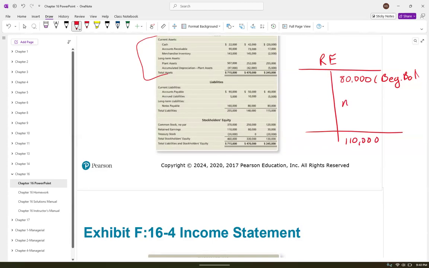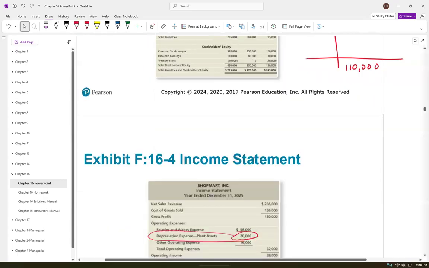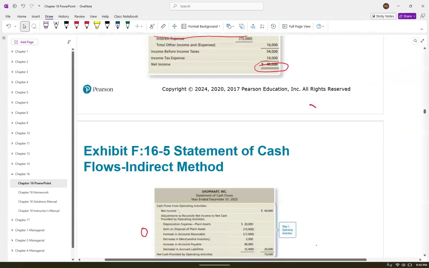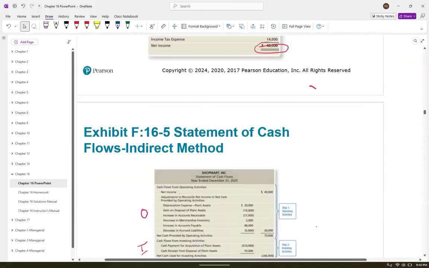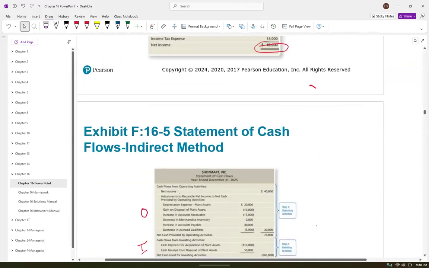Okay. What goes into retained earnings? We know net income increases retained earnings, and we know dividends decrease retained earnings. Okay. We already know what net income is, right? We got that off of our income statement and it's already down there on our statement of cash flows. So our net income is 40,000.